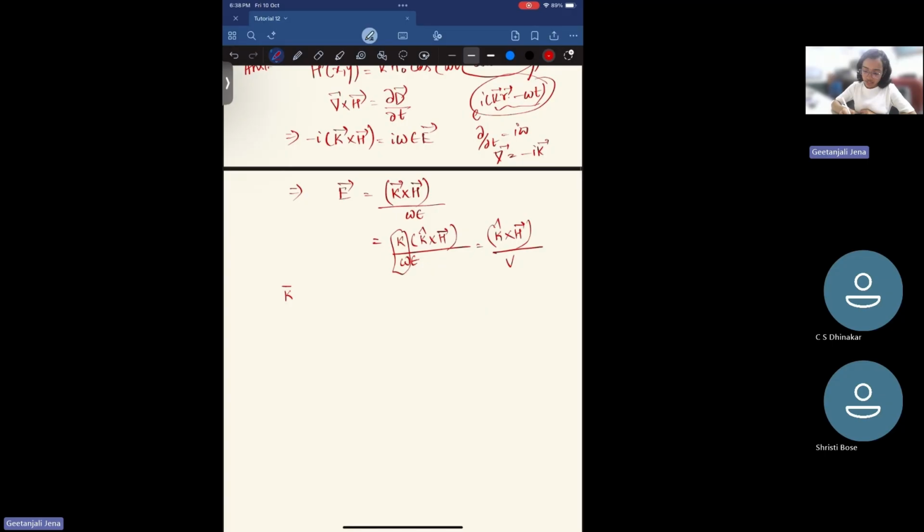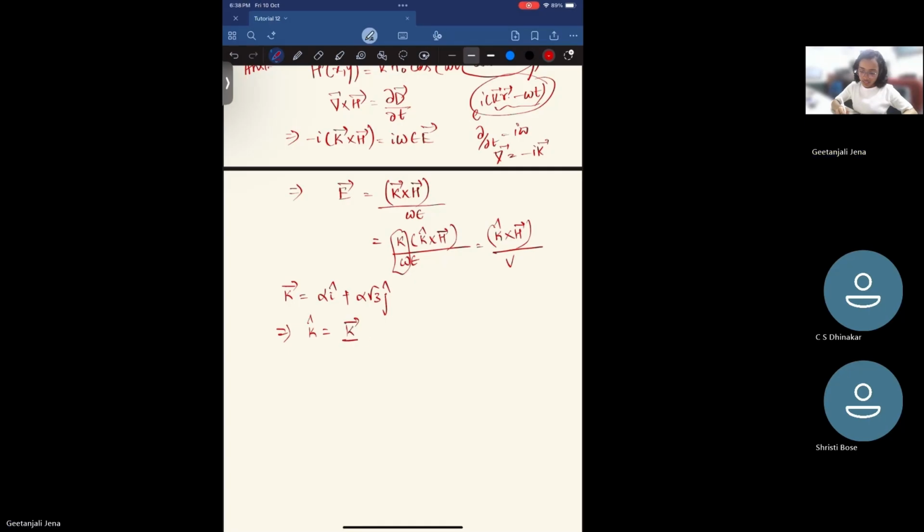So k vector, you can write it as alpha i plus alpha root 3 j.